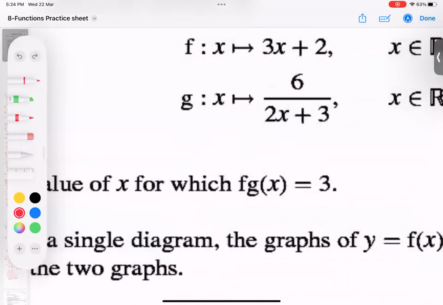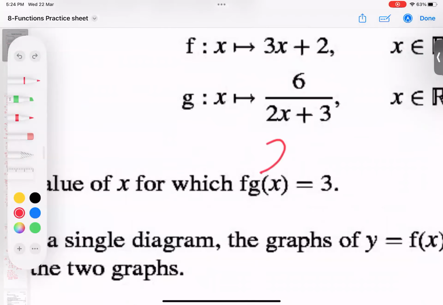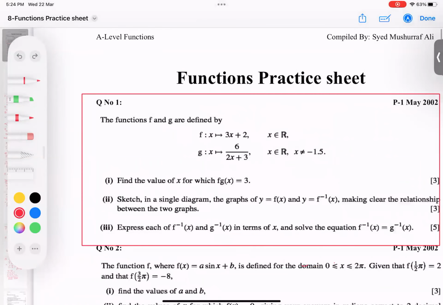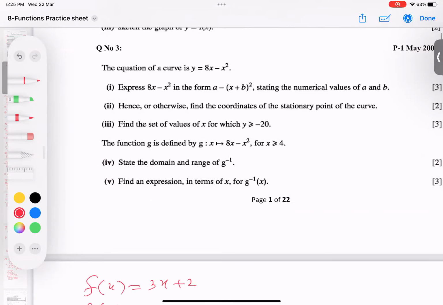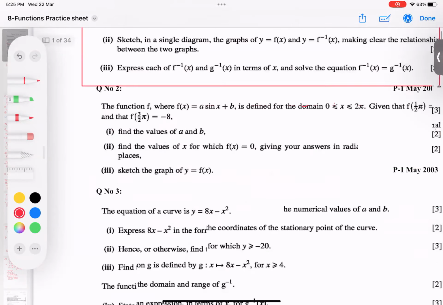Job number one is very clear: the right function goes into the left function, so g will go in the place of x in f. f of x is 3x plus 2, and g of x is 6 over 2x plus 3.